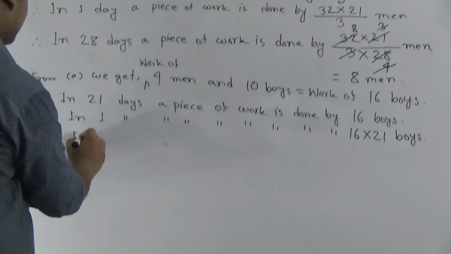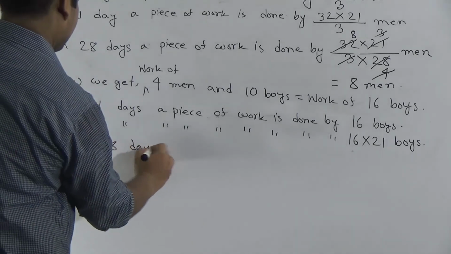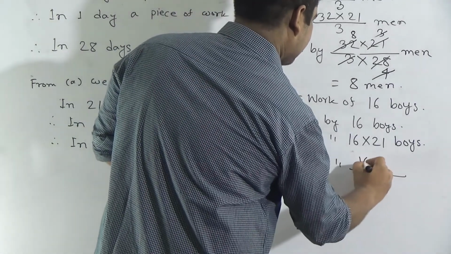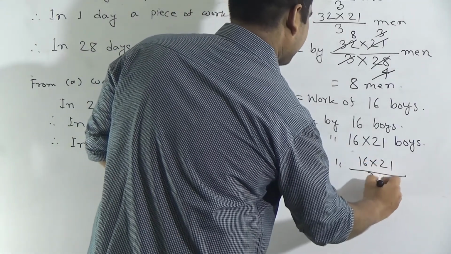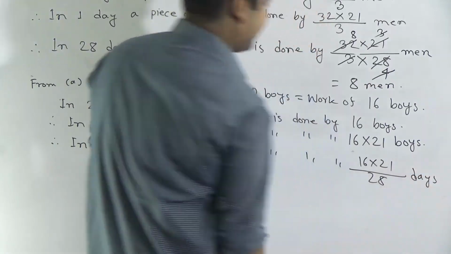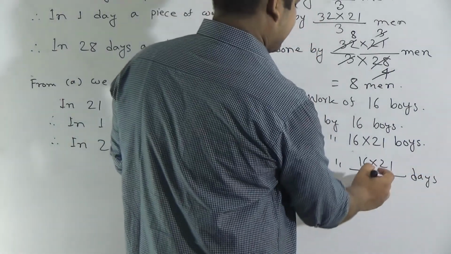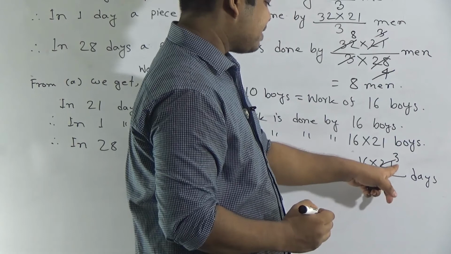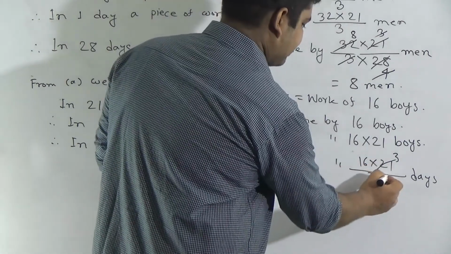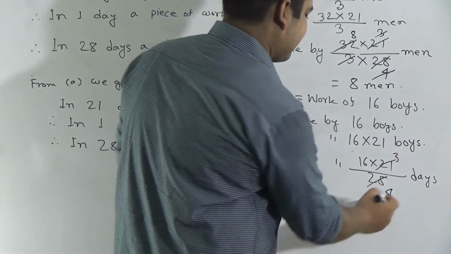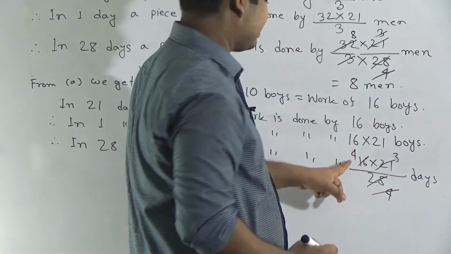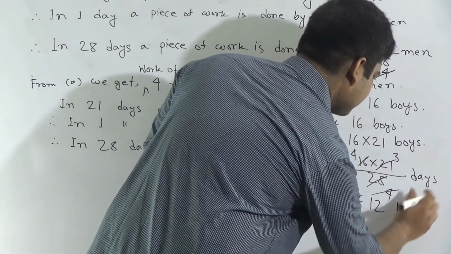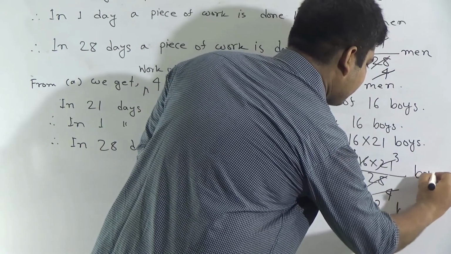After that, in 28 days a piece of work is done by 16 multiplied by 21 divided by 28 boys. Now we cut. Here you notice, if we cut this number by 7, 7 3s are 21 and 7 4s are 28. Now we cut this number by 4, 4 4s are 16. After that 4 and 3 left. That means 4 3s are 12 boys.